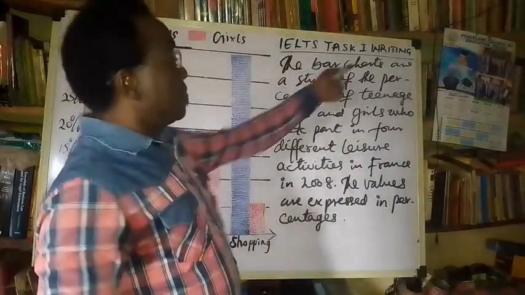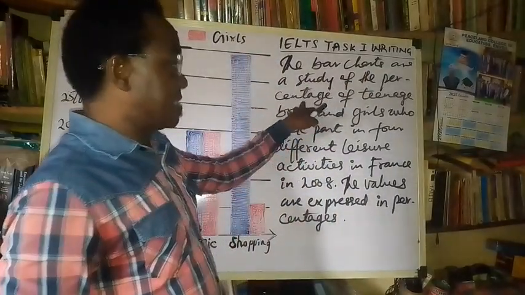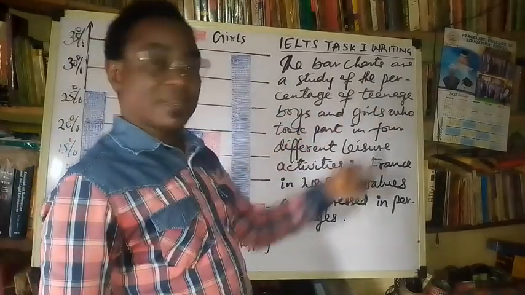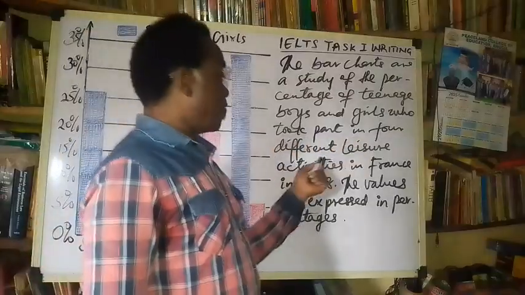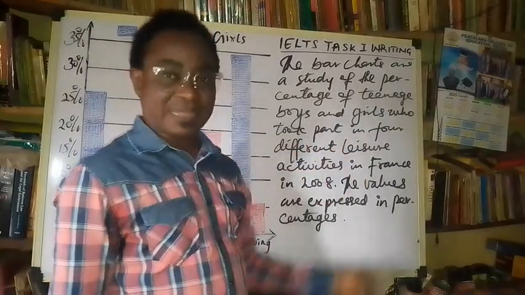Next, let's take a look at the features of the intro. It says, the bar charts are a study of the percentage of teenage boys and girls who took part in 4 different leisure activities in France.